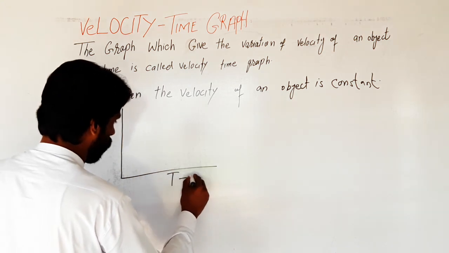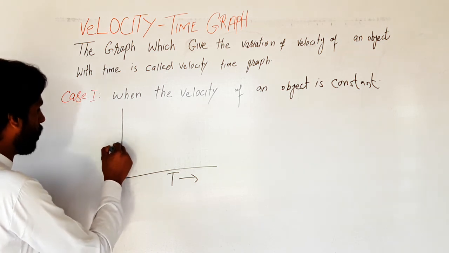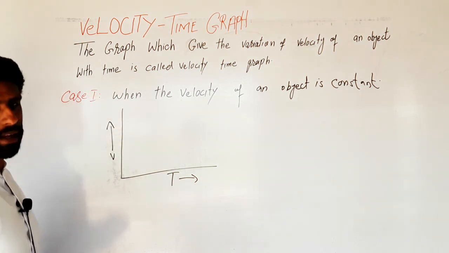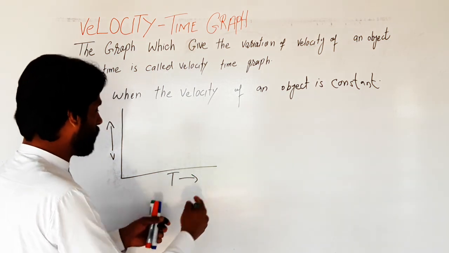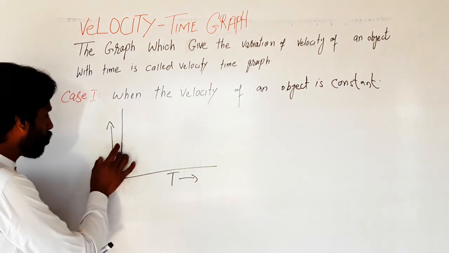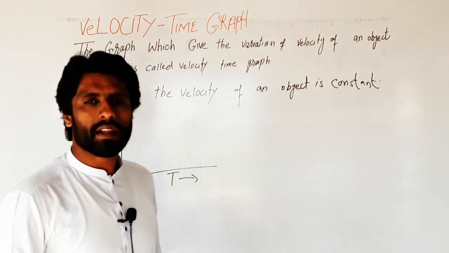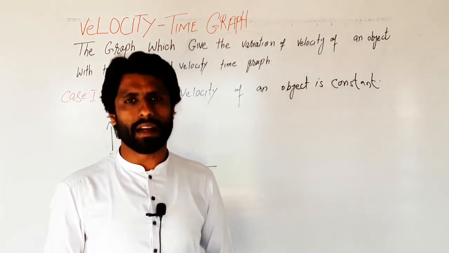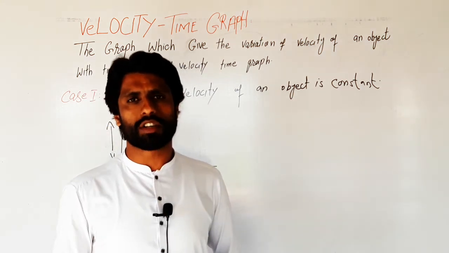We will denote time along the x-axis and velocity along the y-axis. With the passage of time there is no variation in velocity; velocity never increases and never decreases, it remains the same and constant.